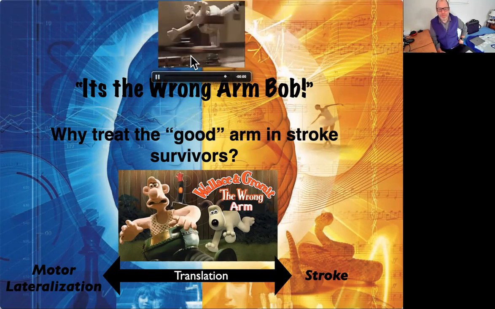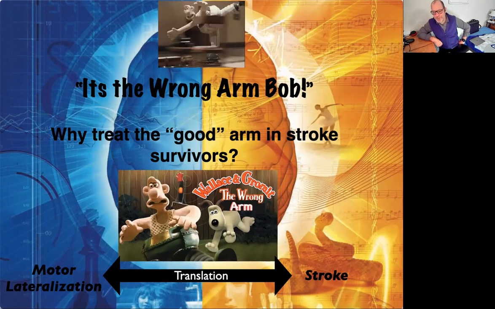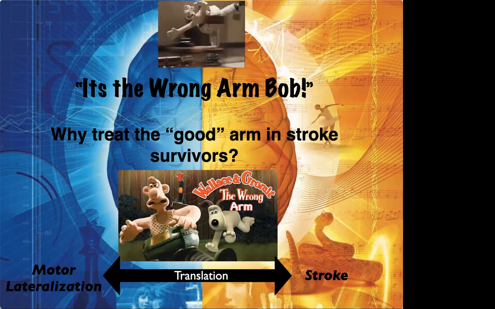By the way, this little animation is from the British claymation series Wallace and Gromit, which we played for my kids when they were young. My oldest is now 35, so it was pretty long ago.